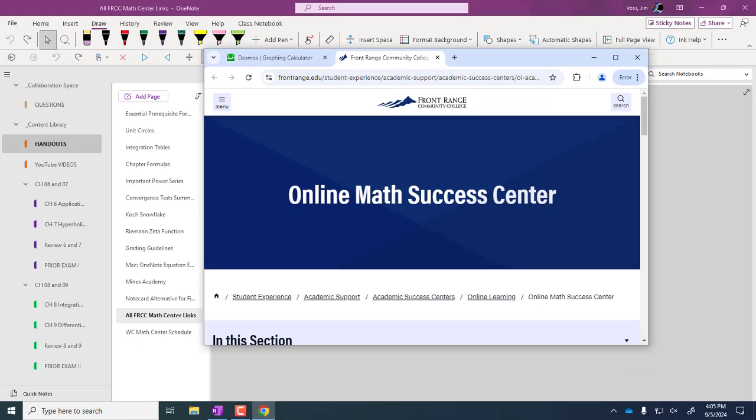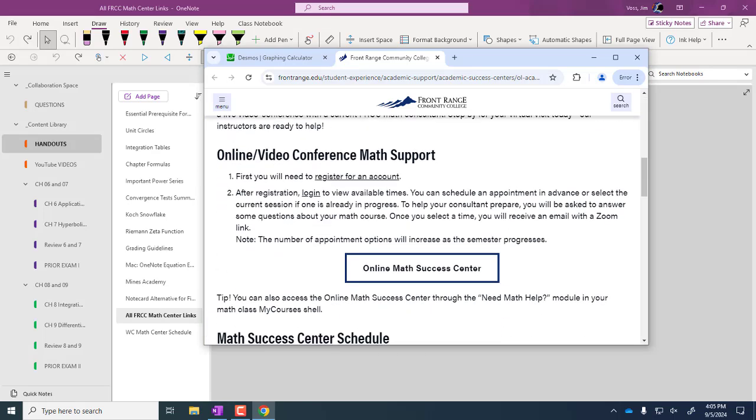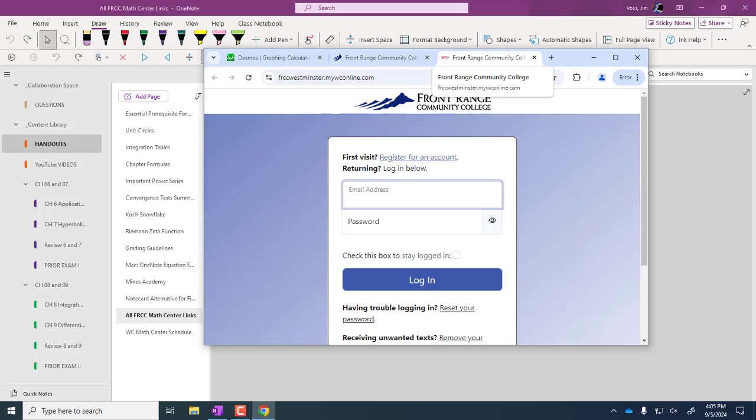You first have to set up an account with your school email address. It takes 2 seconds, and then you can log in. You can't see when there's open slots until you log in. Once you log in, you can see when the open slots are, and then you can make appointments to go to those different times.